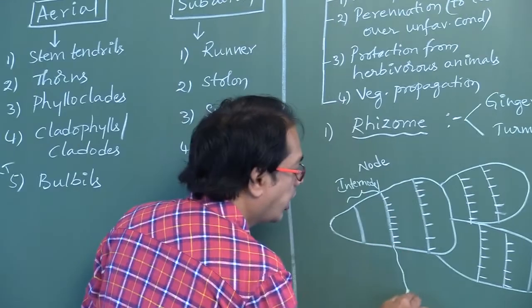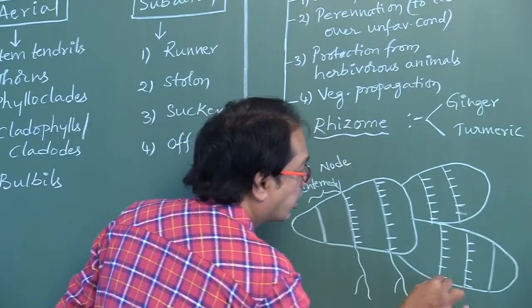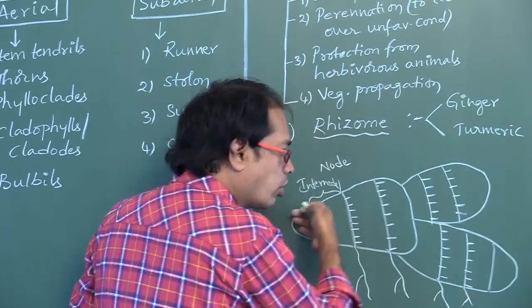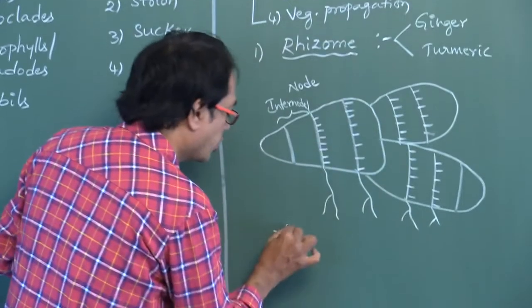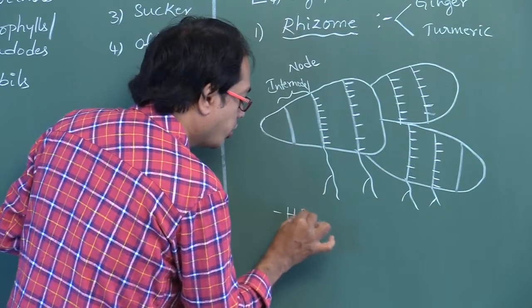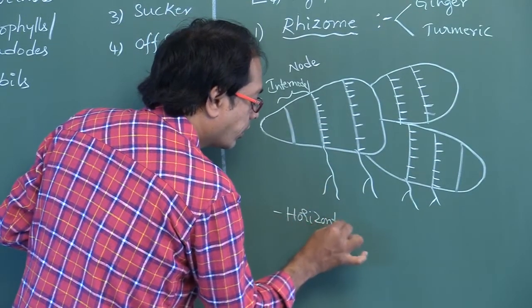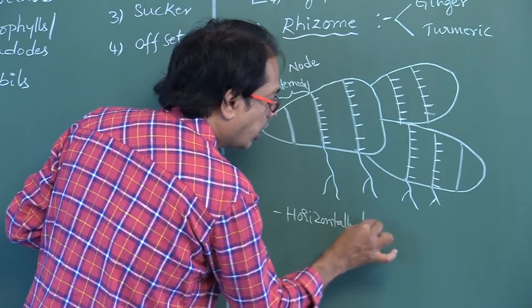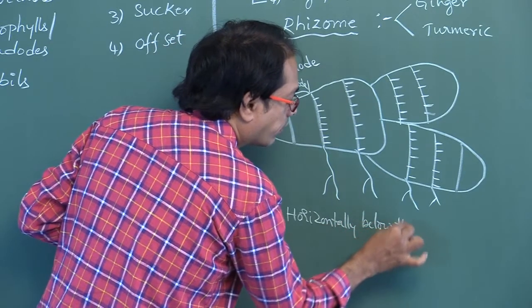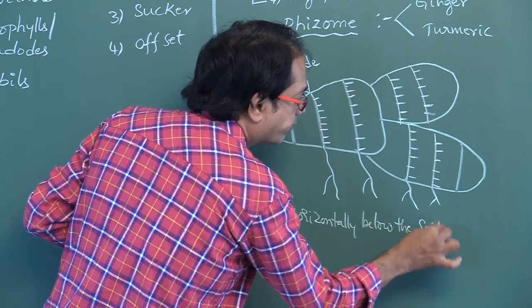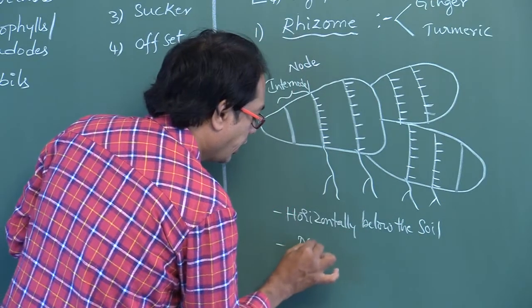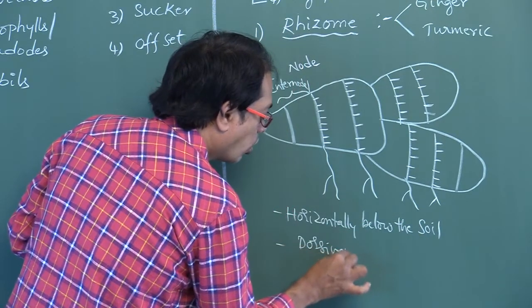There the adventitious roots are developed. It grows horizontally below the soil. It is dorsiventral.